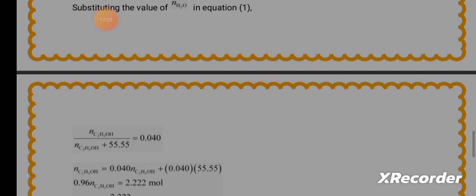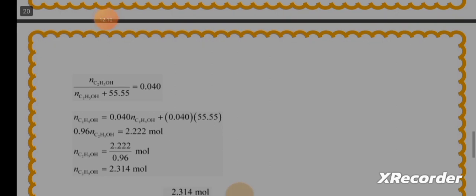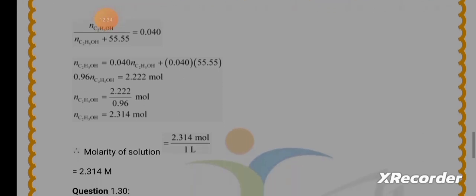Now by cross multiplying, you will get that 0.96 number of moles of ethanol is equal to 2.222 moles, and by this you can easily calculate the number of moles of ethanol. 2.22 divided by 0.96 comes out to be 2.314.